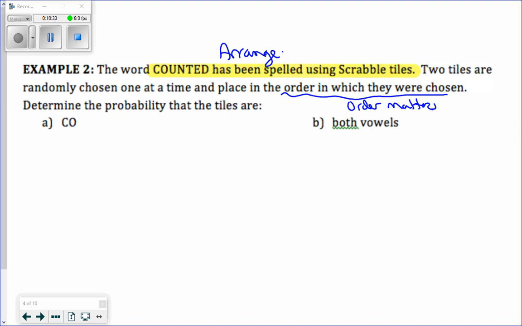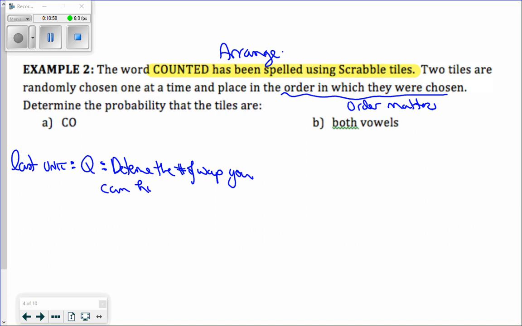Okay, so let me just show you a thing here. In the last unit, the question would say, determine the number of ways you can have the tiles spell CO. That's how it was worded in the last unit.